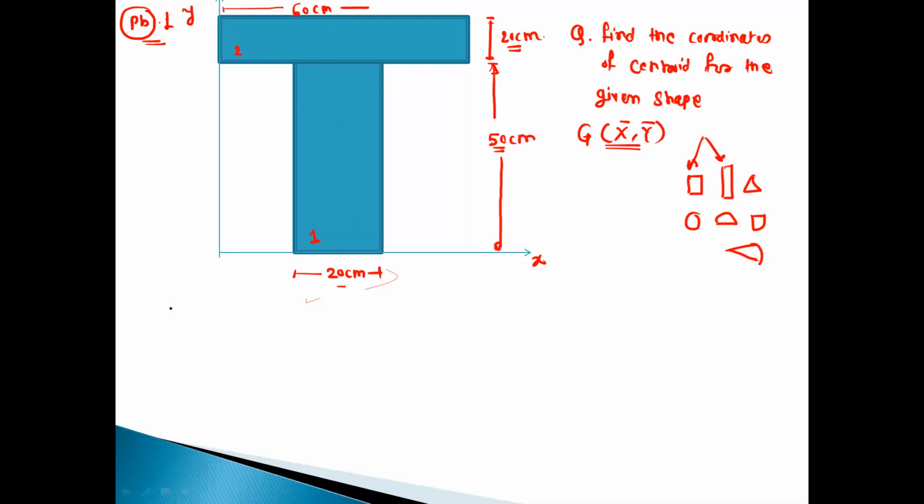Okay. So to solve this problem, you can prepare the table. First column is the serial numbers for the objects. Second column, it is the area, which is taken as Ai.